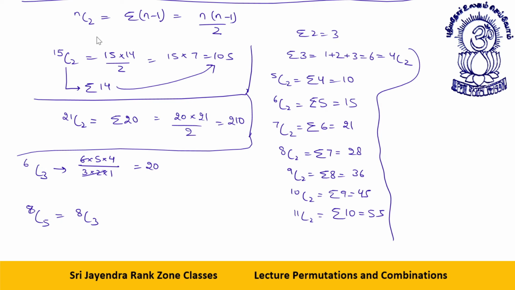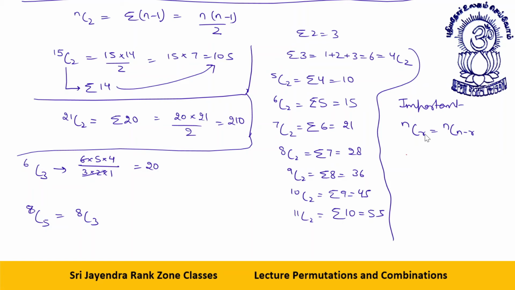See, this thing you have to keep in mind, dear students. It is important. nCr is equal to nC(n minus r). I will explain it to you. How come nCr is equal to nC(n minus r)? Just think about it, dear students. When I ask you to pick 4 things out of 10 things, you will pick a group of 4.